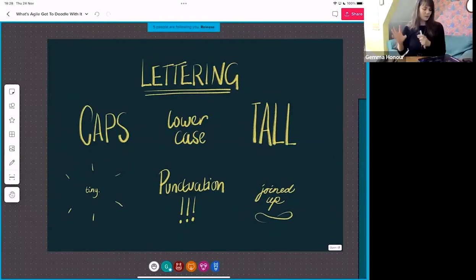We can use caps, lowercase, really tall letters, some tiny letters, letters with punctuation, and some joined up letters. So what I want you to do, in the chat or on the mural, depending on how you can interact, is let me know what types of lettering you would use to communicate what types of idea.